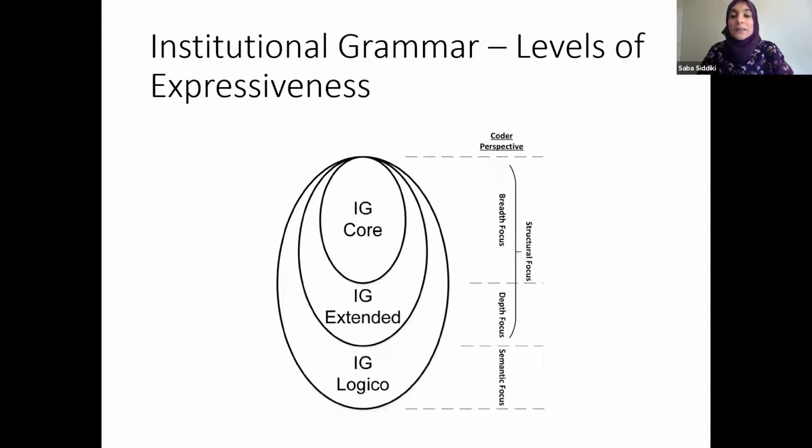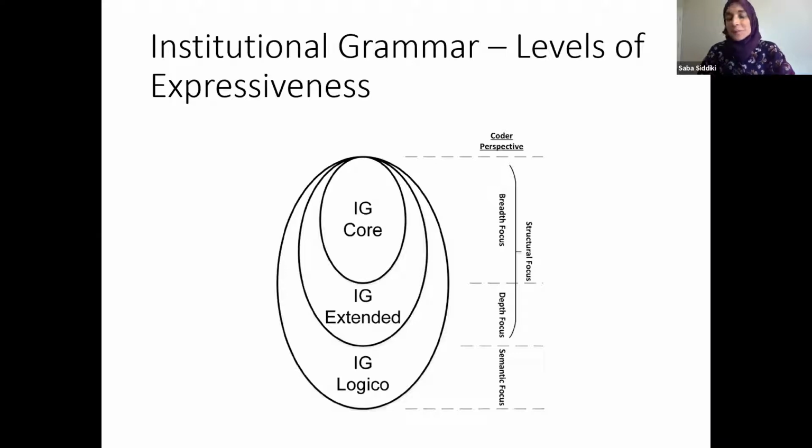As we move to IG extended, there's more specificity, more parsing of syntactic information. And at the IG logical level, you have very specific, very granular parsing of institutional information represented within statements and according with different syntactic components, which also produces the most comprehensive kind of representations of institutional statement information.